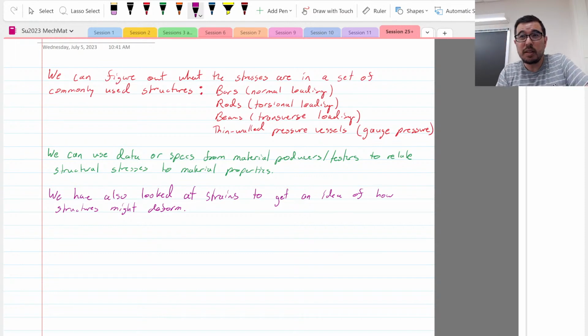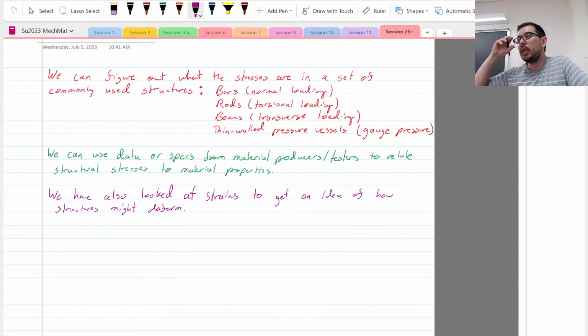But for the types of materials that we've been dealing with, the lower carbon steels, which are ductile, the aluminums, these materials that have pretty high elastic moduli, deformation is most obvious in these beams that extend, right?